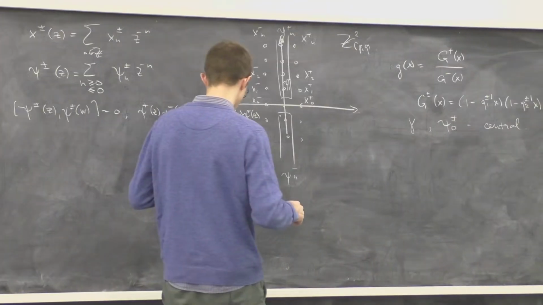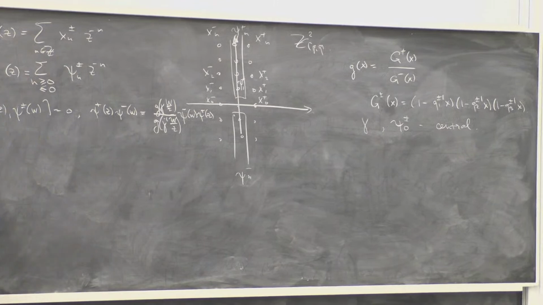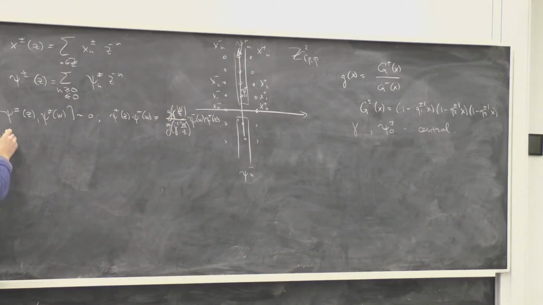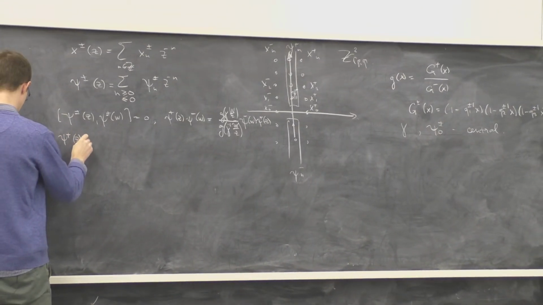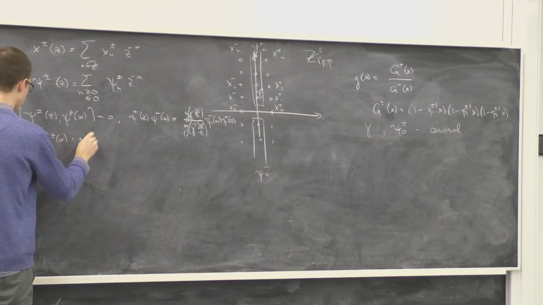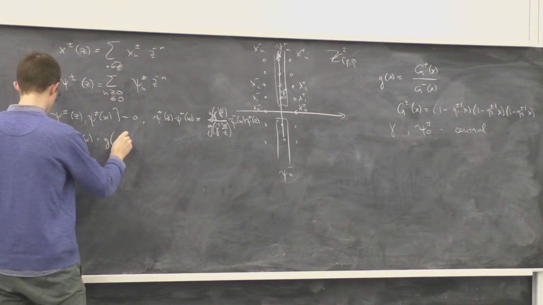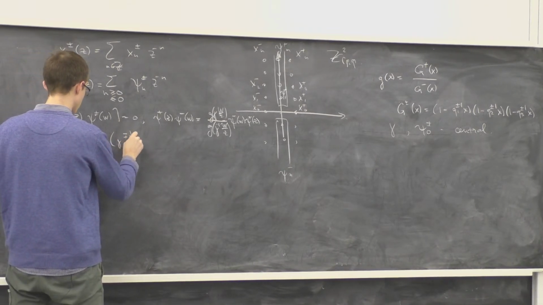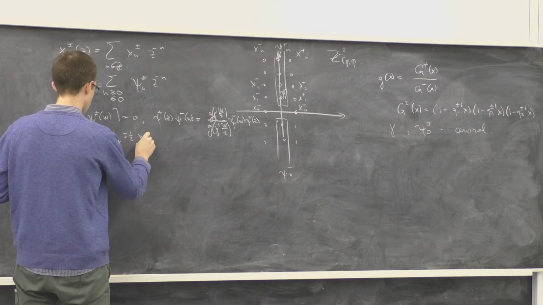So, what else? Well, there are lots of relations. And all of them contain either G large or G small.